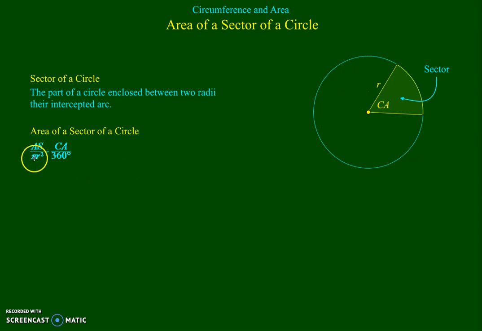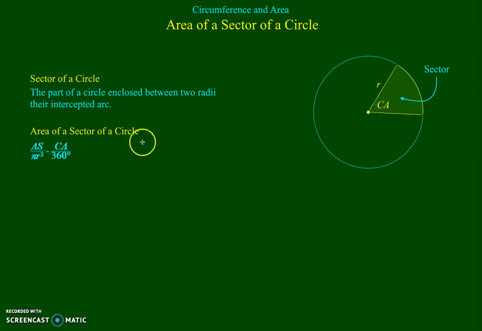So part to whole, area of sector is to the area of the circle, pi r squared, as, just like in arc length, central angle is to 360. So this central angle sweeps out this sector, and that's part of the whole 360 degrees in a circle.